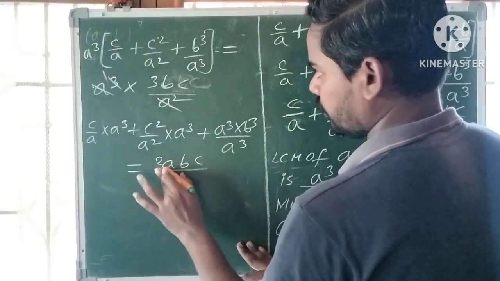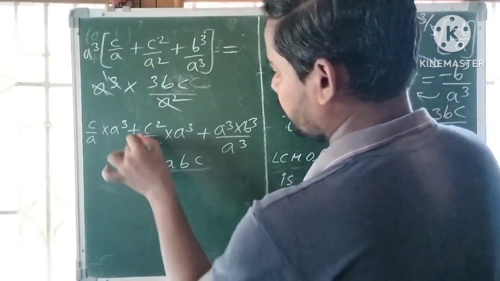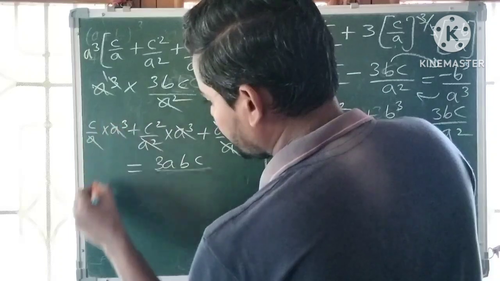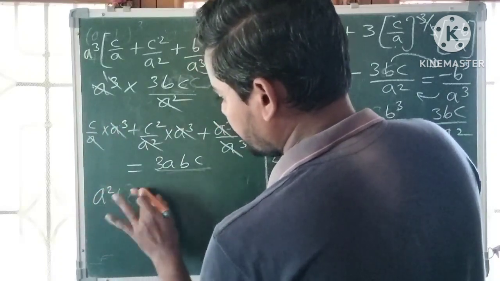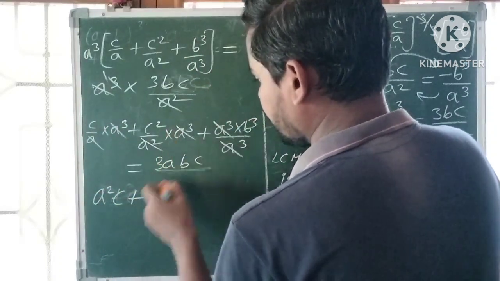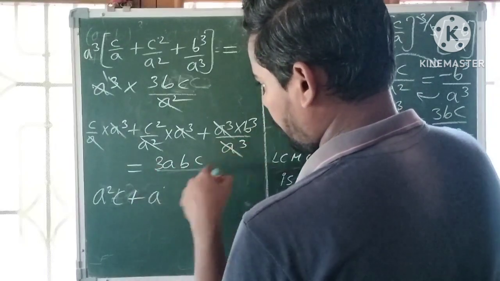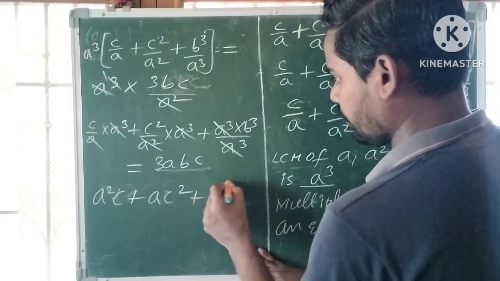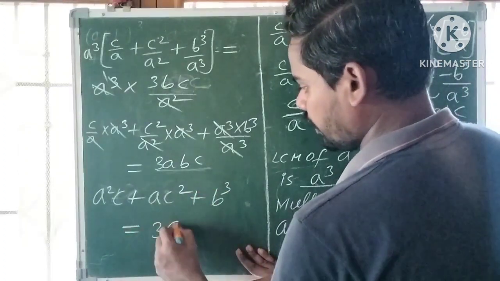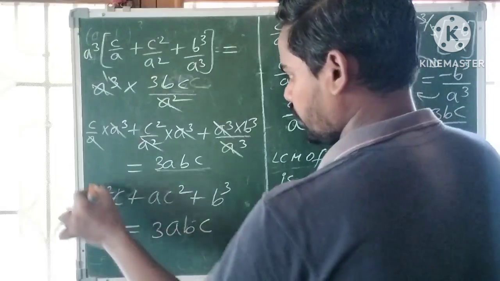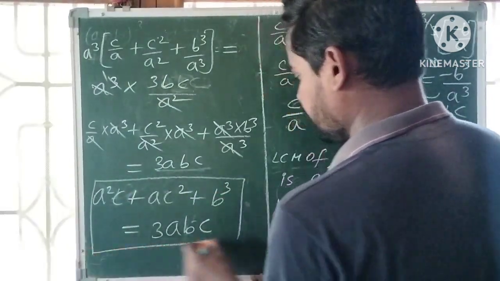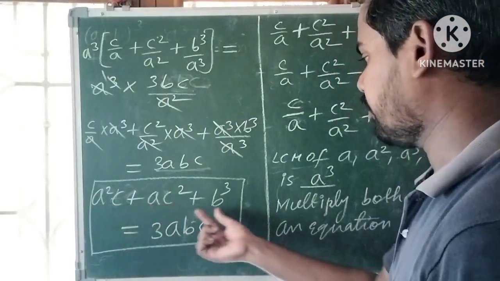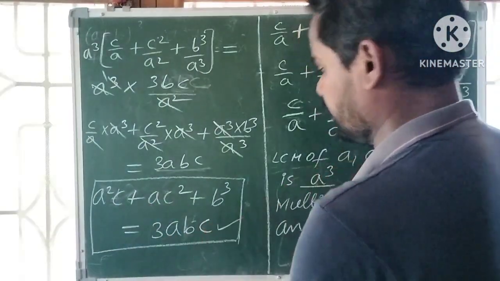A square cancels, a cube cancels, here a cancels. So a square c plus ac square plus b cube is equal to 3abc. Okay, now hence proved. This is our final equation: a square c plus ac square plus b cube is equal to 3abc.